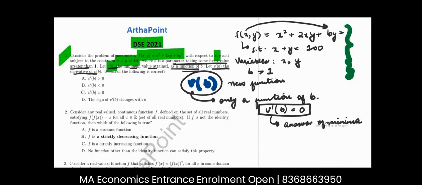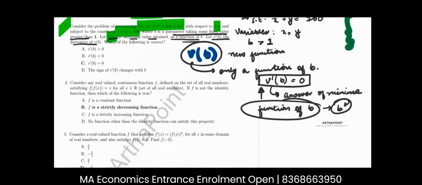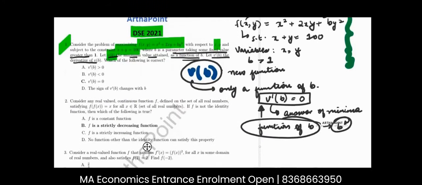So if you have a function for which you want to find the minimum value, you will find the derivative of the function and equate it to 0. And that derivative that you will find will also be a function of b. Only that will give you b star. Isn't it? So we just have to say that the answer is V dash b equal to 0.